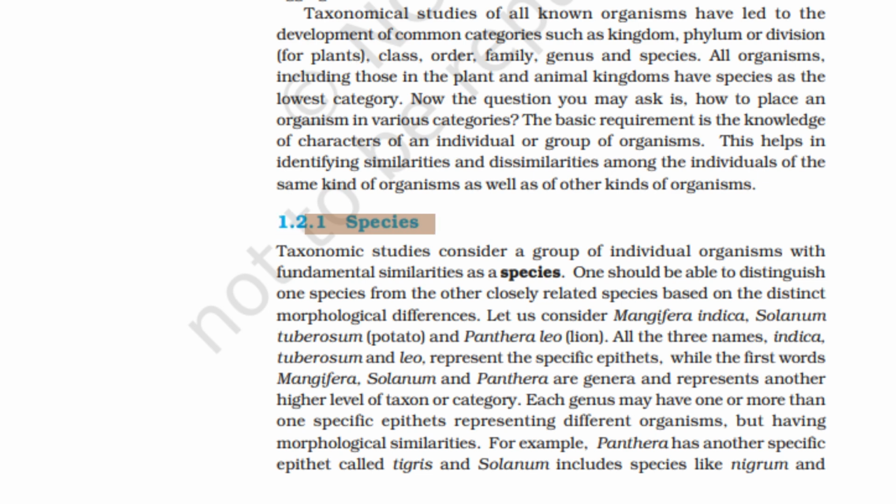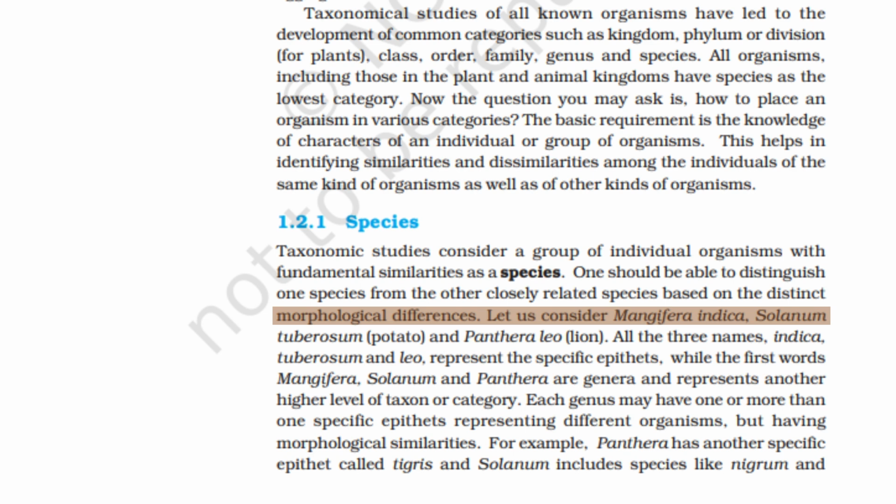Species. Taxonomic studies consider a group of individual organisms with fundamental similarities as a species. One should be able to distinguish one species from the other closely related species based on the distinct morphological differences.